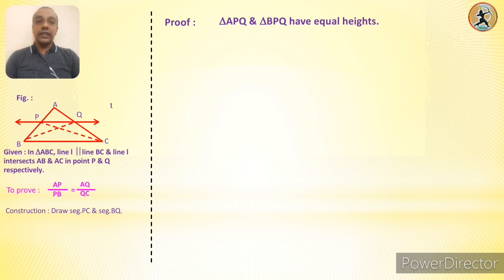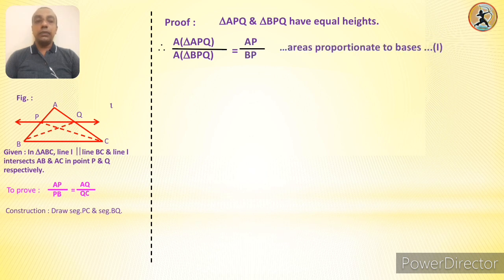So here we can say that area of triangle APQ upon area of triangle BPQ is equal to AP upon PB, which are the bases of these two triangles. And of course the reason for this statement is areas proportionate to bases. Statement number 1. In the same way, students, now consider the right hand side of the to prove, that is AQ upon QC.